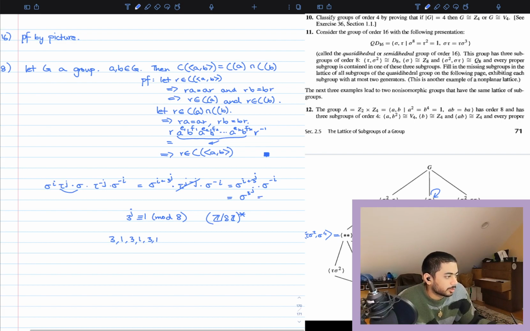It's only equal to sigma if j is even. So the only things that commute with sigma are when there is no tau, which means sigma centralizes to itself. Okay, good to know.